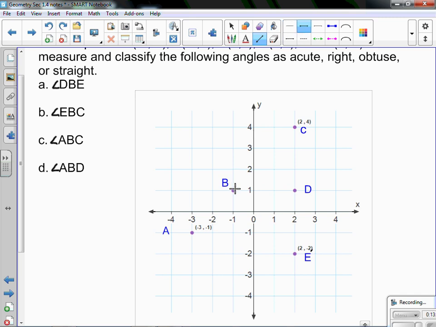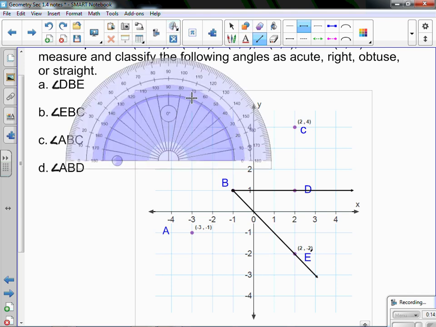Go ahead and make that angle. Notice B is the center point, so that would be our vertex. So we're going from B as the initial point through D, and from B through E. And then we're going to measure that with our compass.